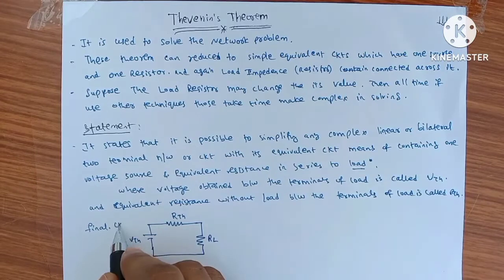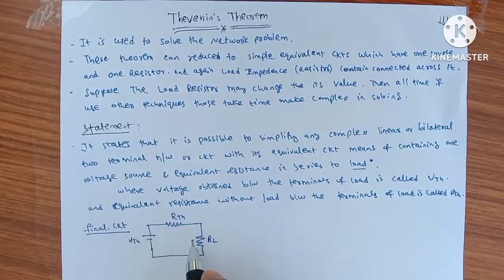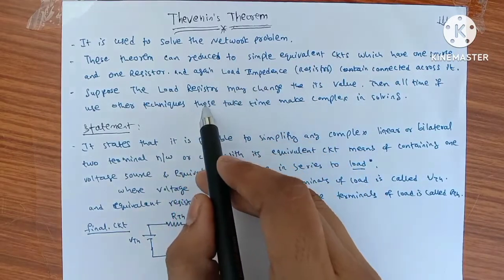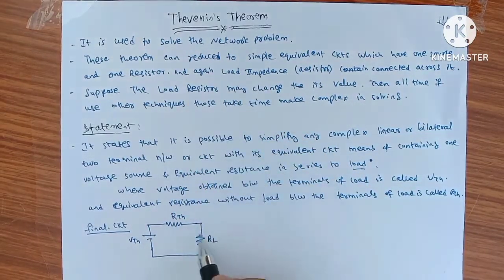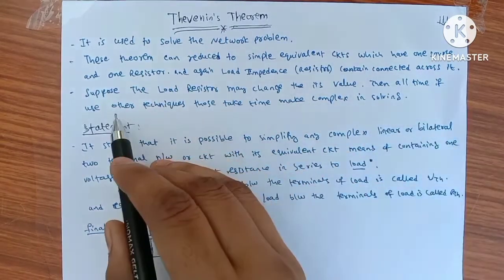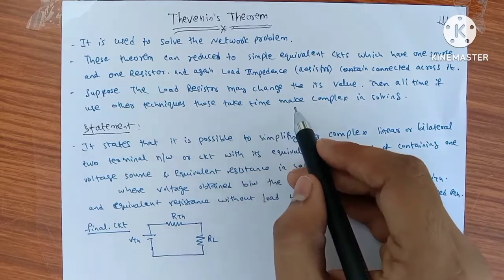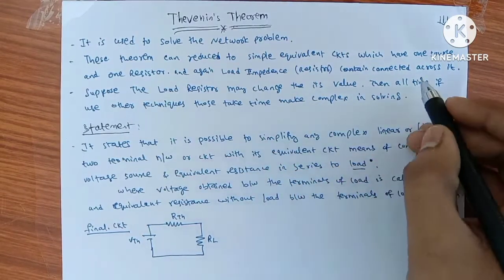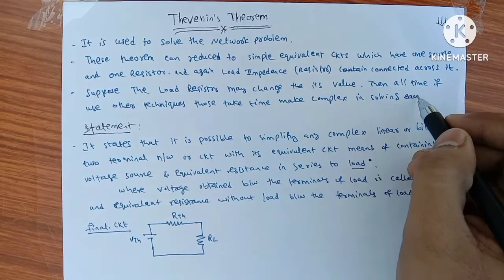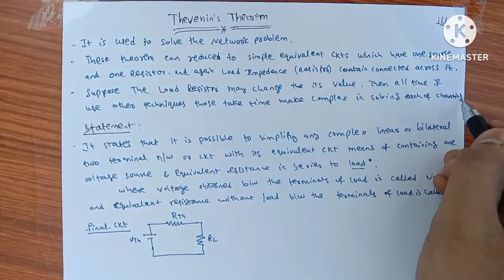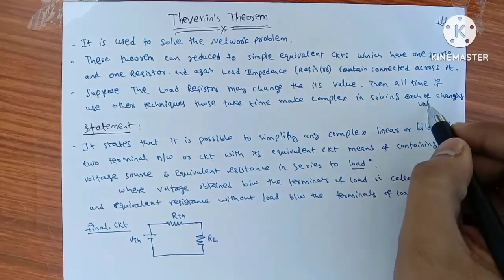So final circuit should be obtained like this, because here this load resistor may change its value. Then all the time, if you use other techniques, those take time and make complex in solving each time of changing value of load.